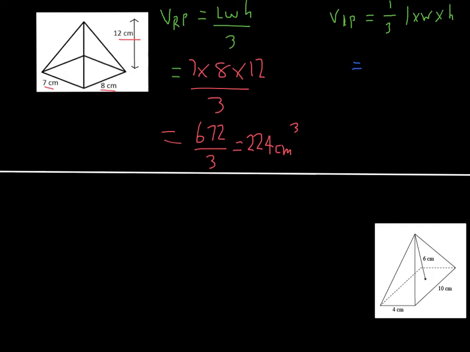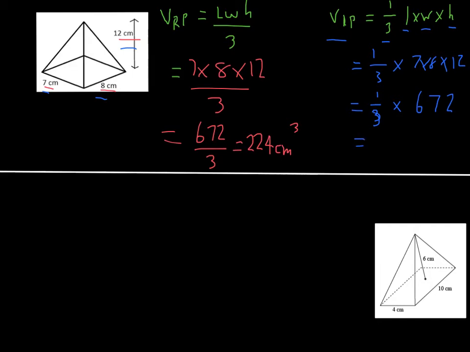We could have done the exact same by using a different formula: volume is equal to a third of length times width times height. So a third times by 7 times 8 times 12. You can see that we're going to have a third times by that same number as before, 672.